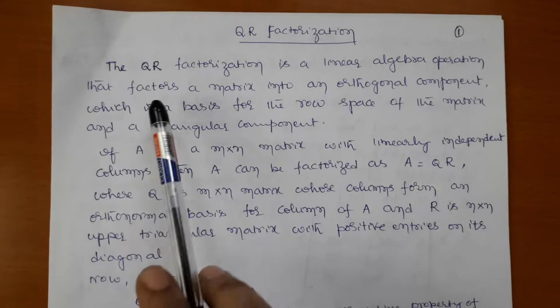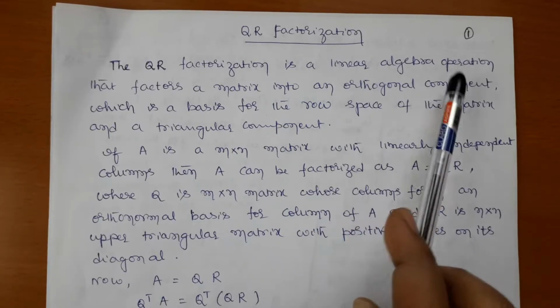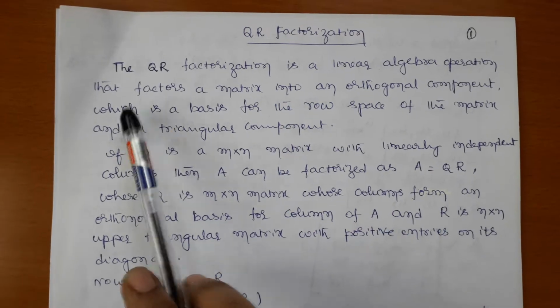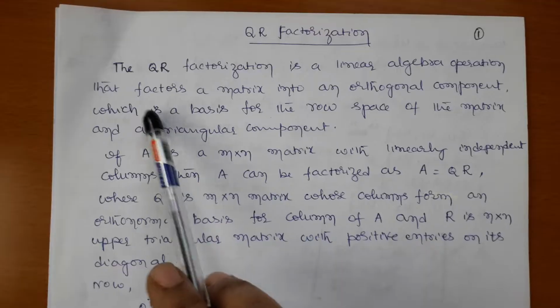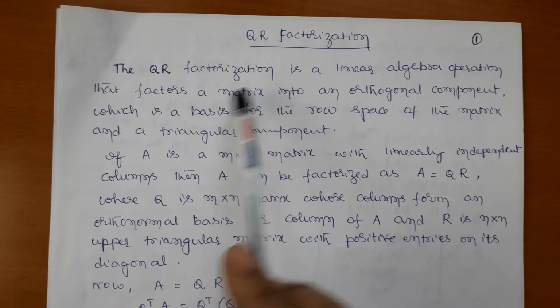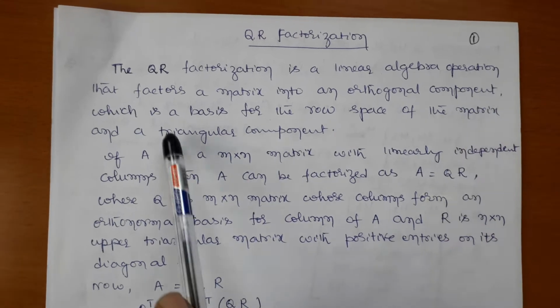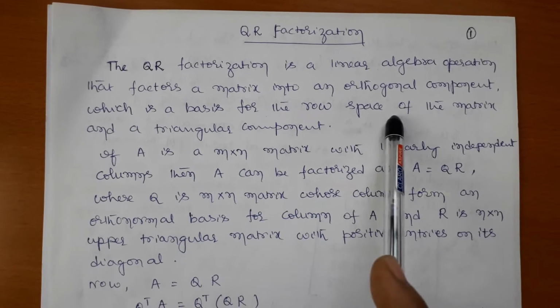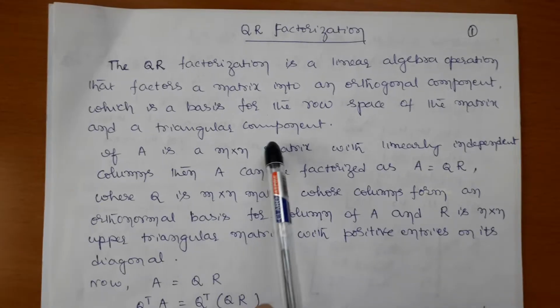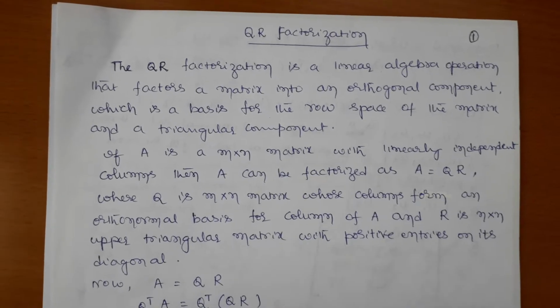QR factorization is a linear algebra operation that factors a matrix into an orthogonal component, which is a basis for the row space of the matrix, and a triangular component.